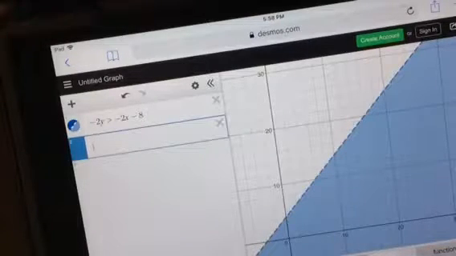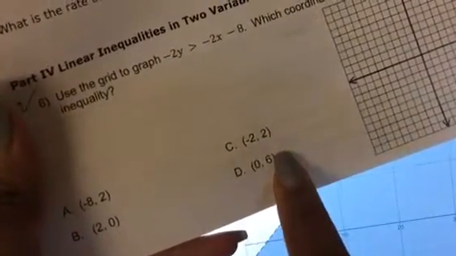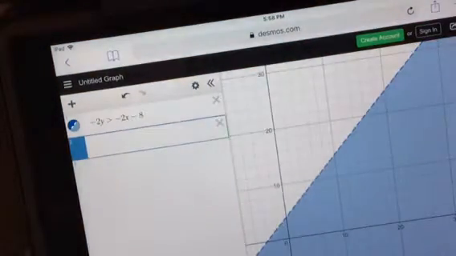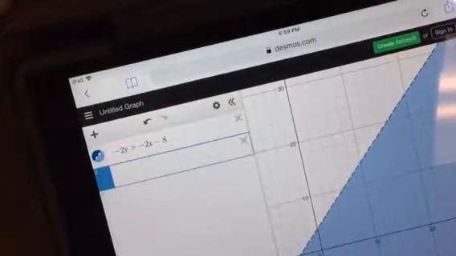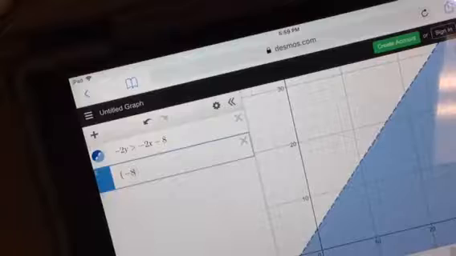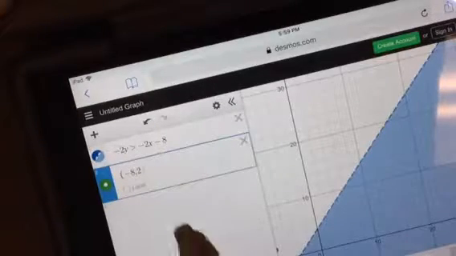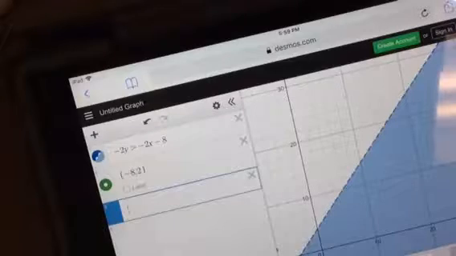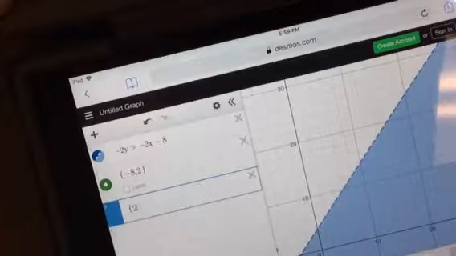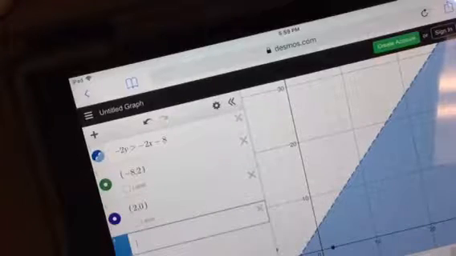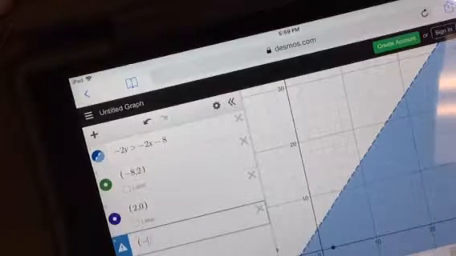Let's go ahead and put these 4 points on the graph. So the first point is A, which is -8, 2. The second point, letter B, is 2, 0. The third point, letter C, is -2, 2.